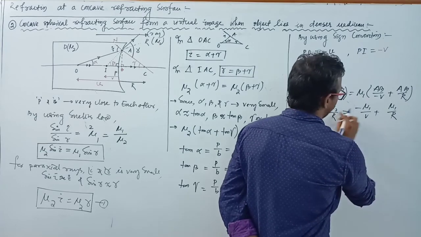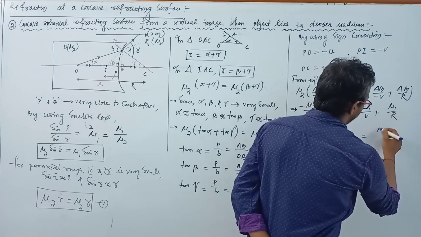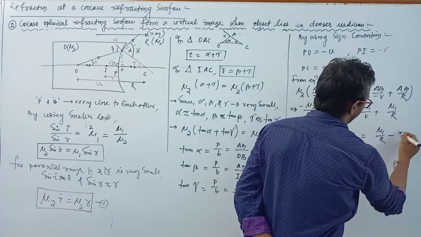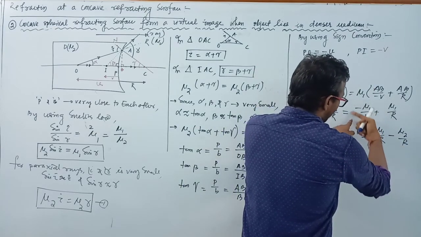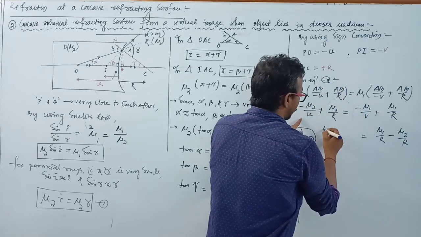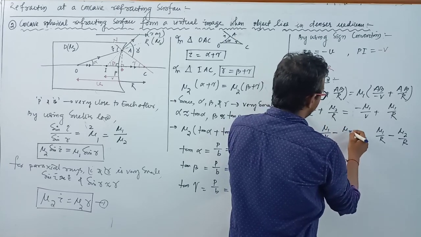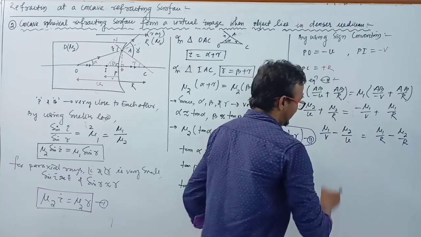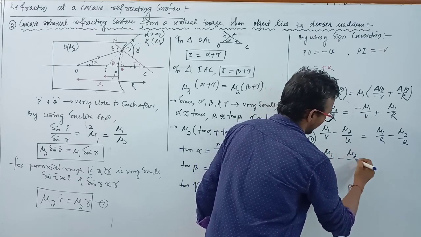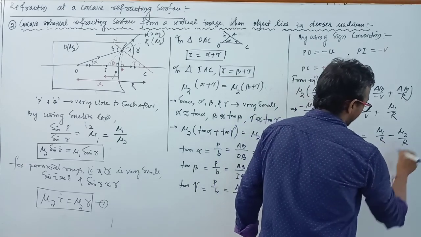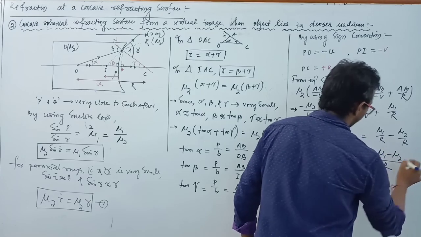If you take this term to the right hand side, then we have mu 1 by R minus mu 2 by R. But if you take the negative terms towards the left hand side, then we can write mu 1 by V and mu 2 by U. So this relation can be written as mu 1 by V minus mu 2 by U equal to, here R is a common quantity, so we can take the LCM R, mu 1 minus mu 2 upon R.